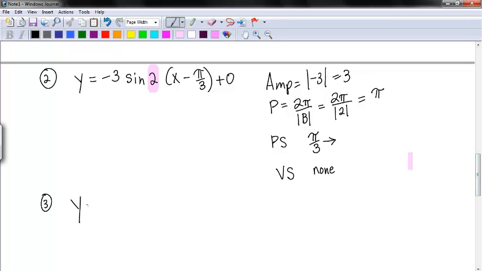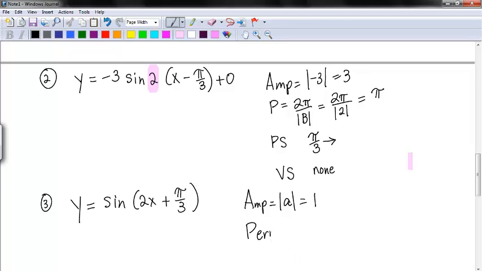Okay. y equals the sine of 2x plus pi over 3. Amplitude would be 1. So it's the absolute value of the number in front, and it's understood to be a 1. Okay, the period. Now this one you've got to be careful, because that 2 is inside.